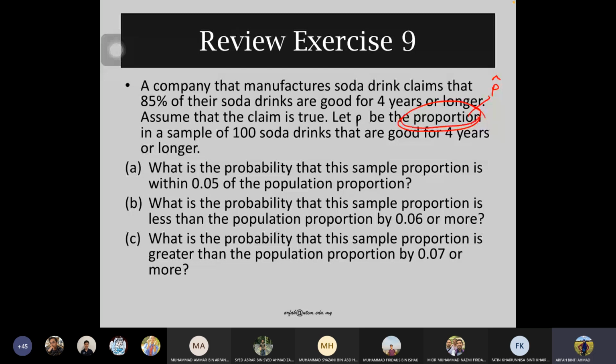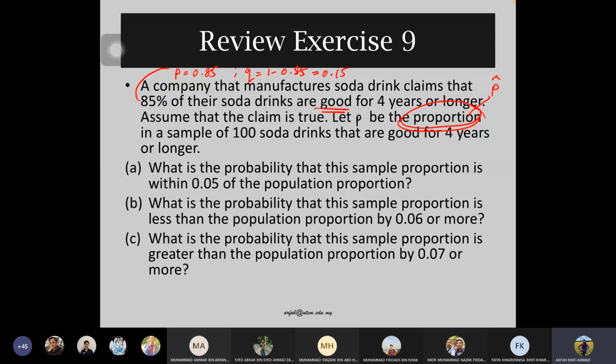So yang ini 85% P atau Q? Ni P 0.85, sebab dia kata are good. Okay. Q akan sama dengan berapa? 1 tolak 0.85. So you akan dapat it will be equal to 0.15.